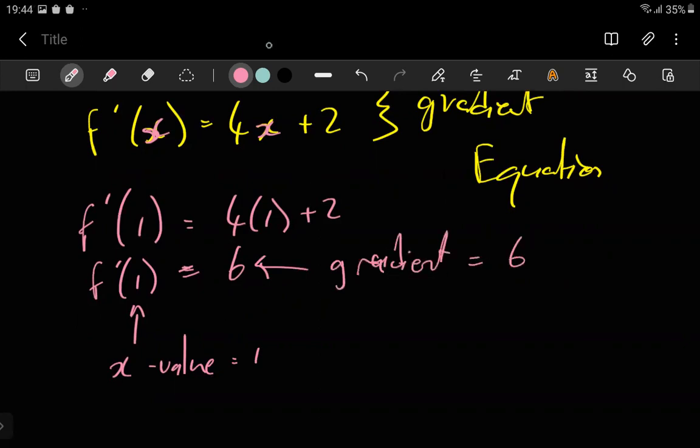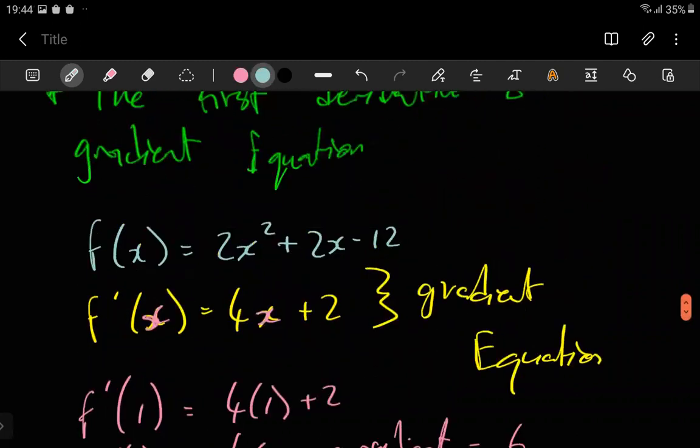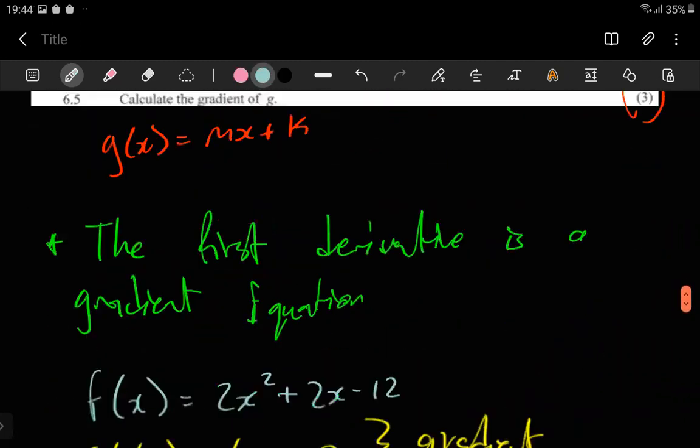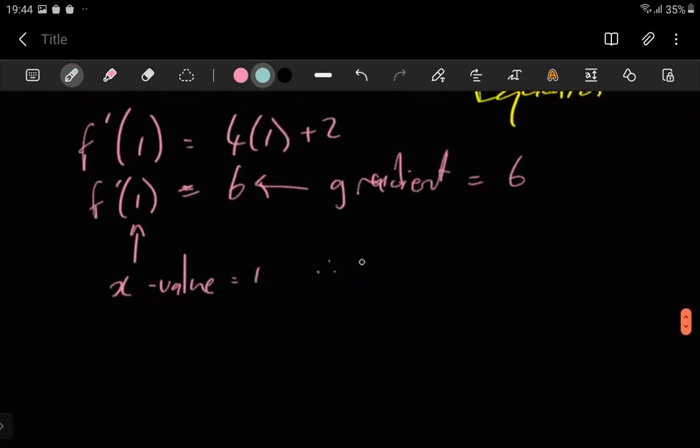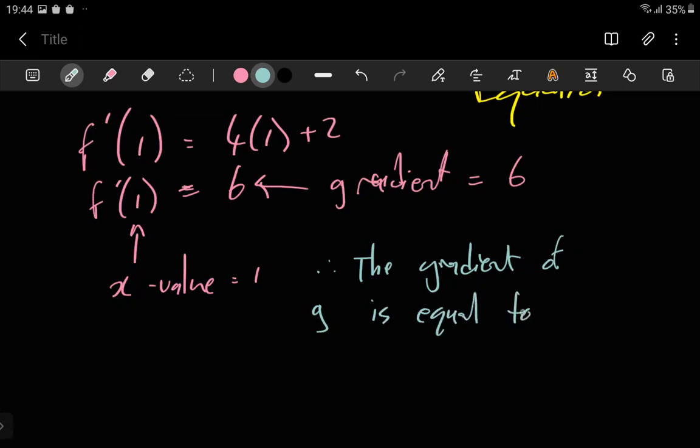So therefore, the gradient of G is equal to 6.